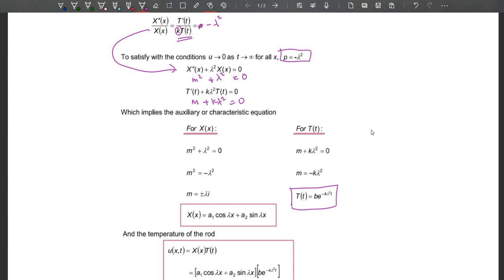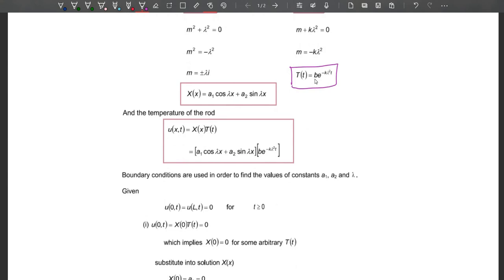You can write any constant; a3 is also okay, but we want to differentiate the constants for X and T, so we represent the constants in terms of a for X and b for T. Therefore, the temperature of the rod is u(x,t), which is X(x) times T(t), given by (a1 cos lambda x plus a2 sin lambda x) times b e^(-k lambda squared t).